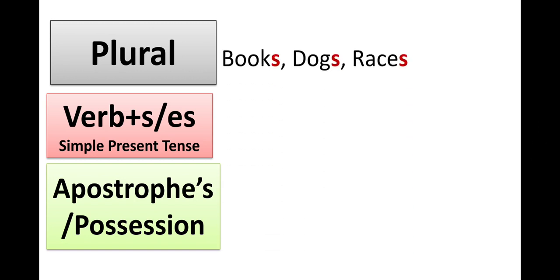Letter S in the end in plural words like books, dogs, races. Letter S in simple present tense with first form of the verb. It's used with singular subject. For example, sleeps, plays, kisses.